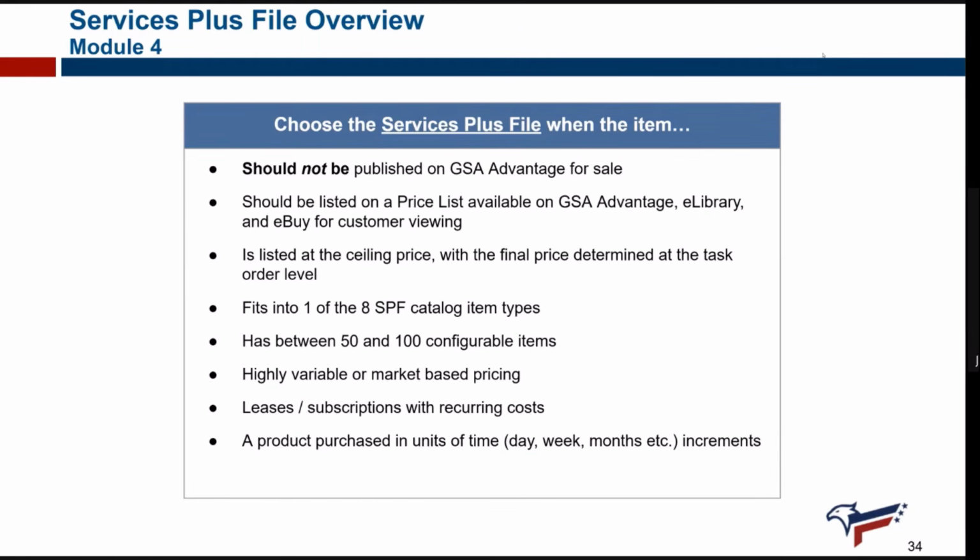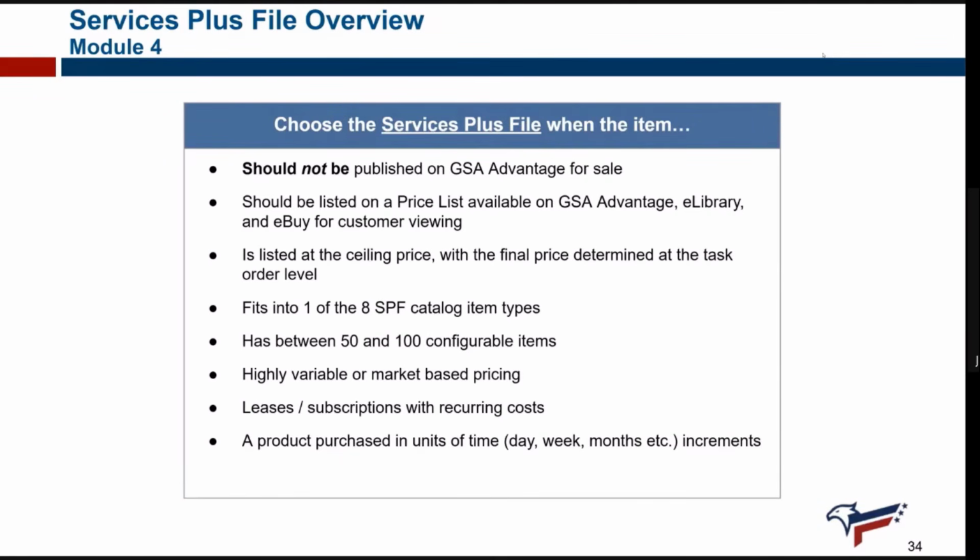As a vendor, you'll submit a Services Plus file if items should not be published on GSA Advantage for direct sale, or are listed at the ceiling price with the final pricing determination at the task order level. If it fits into one of the 8 Services Plus file catalog item types, has between 50 and 100 configurable items, or has highly variable or market-based pricing, meaning that rates fluctuate based on external market conditions.